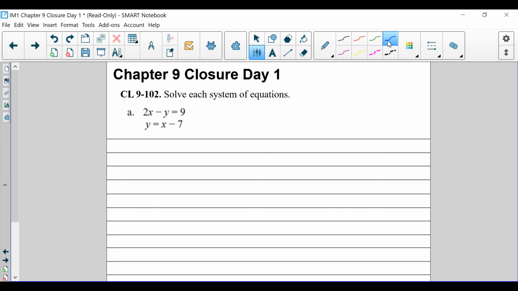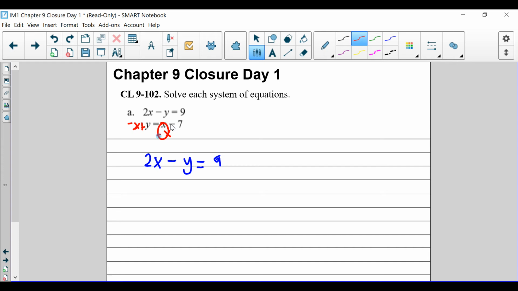So what I'm going to do is I'm just going to rewrite the first one so that it looks like this, and then this one I'm going to subtract that x to this side. What I do to one, I do to the other.